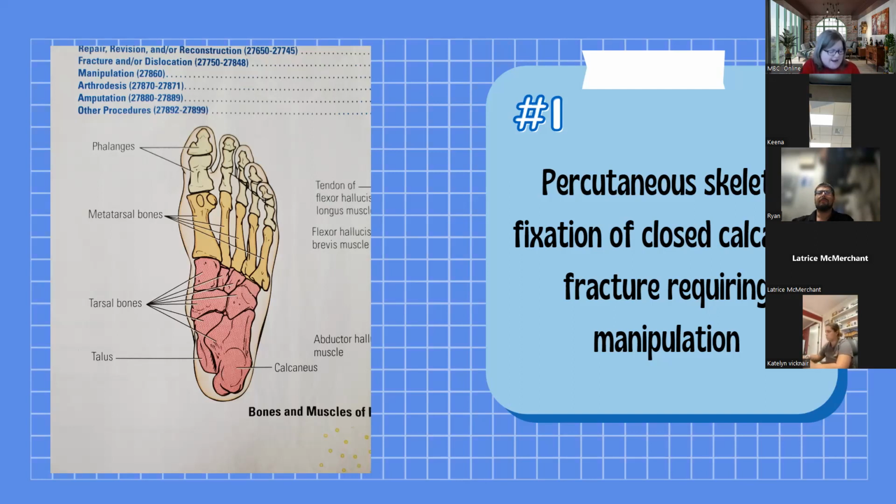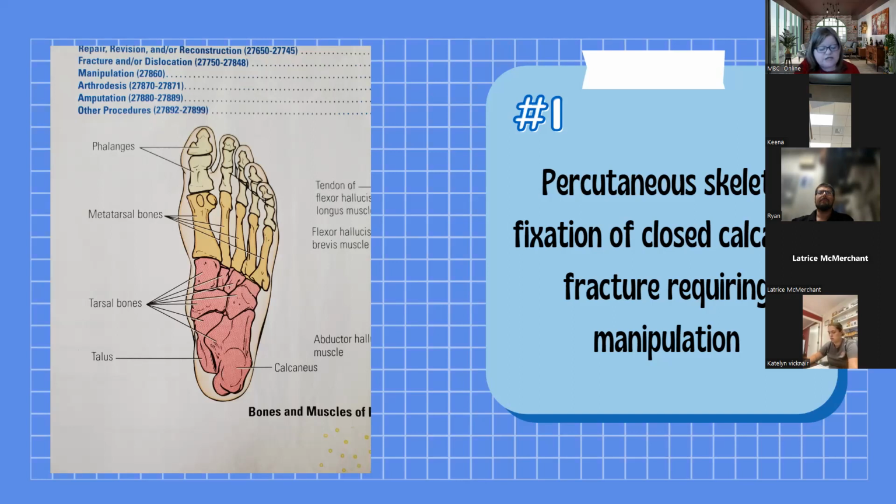But if you look under fracture, and of course it's all alphabetized, but right below it, it says calcaneus. And then it indents down and we get closed treatment. And then the next line is with manipulation, then without manipulation, open treatment, and percutaneous fixation.